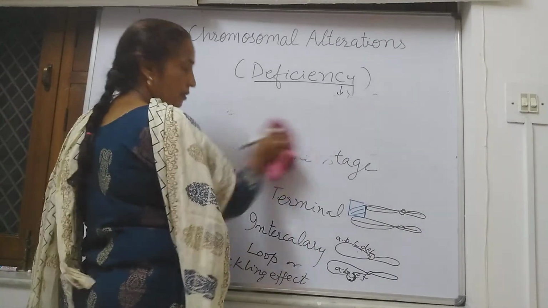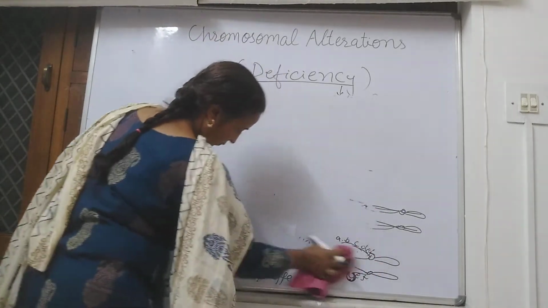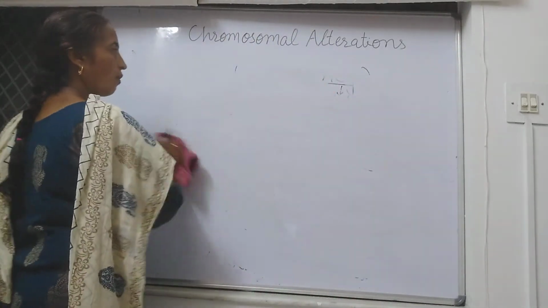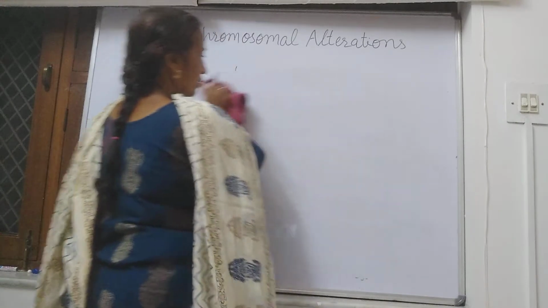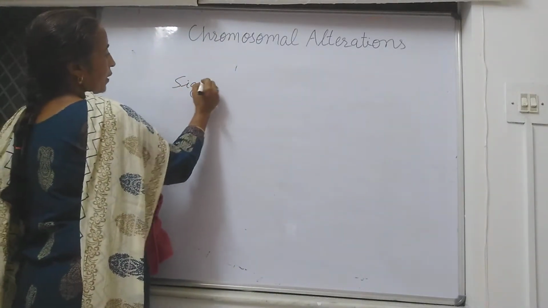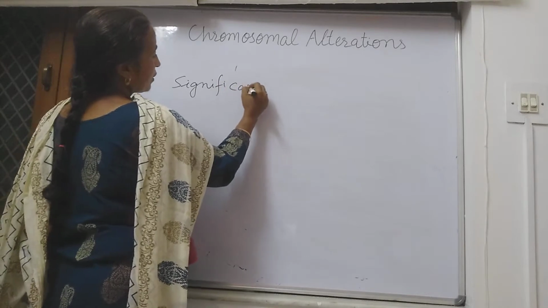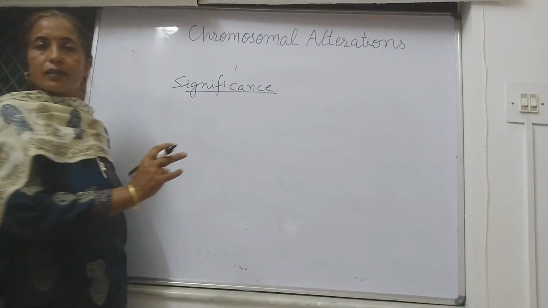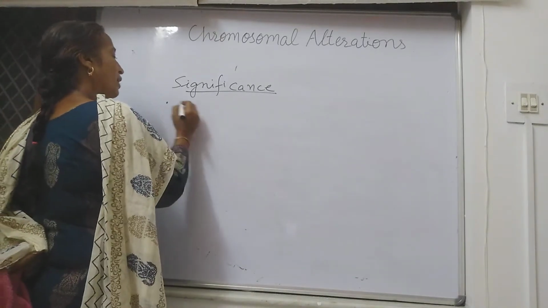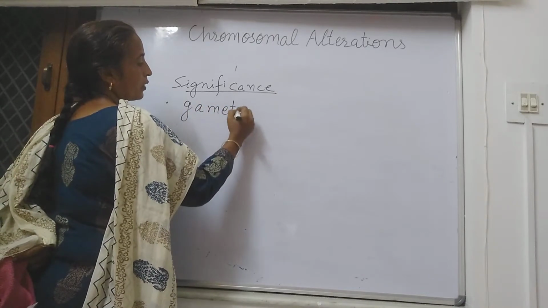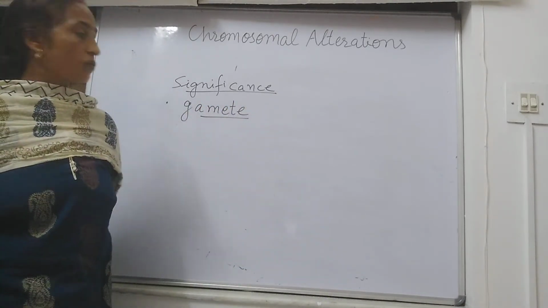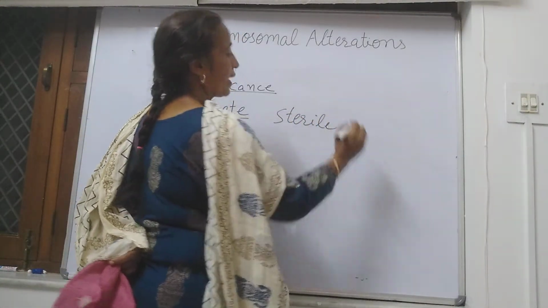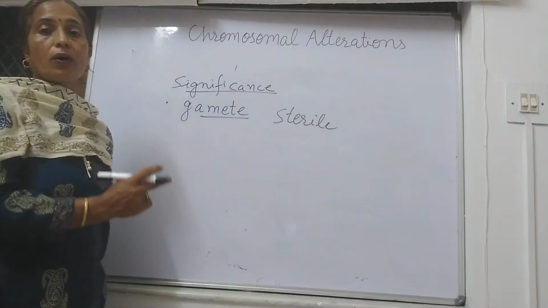Now, what is the significance of deletion? When gametes are formed, due to deletion the gametes which are formed are sterile, as there is loss of a number of genes.